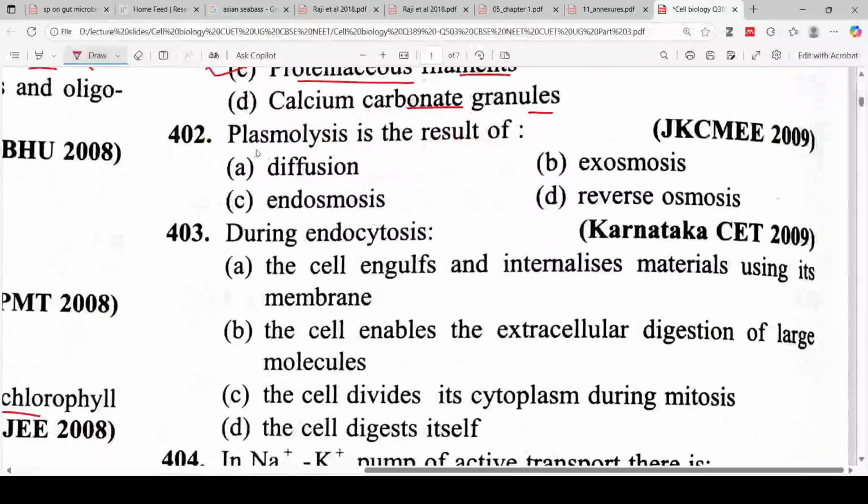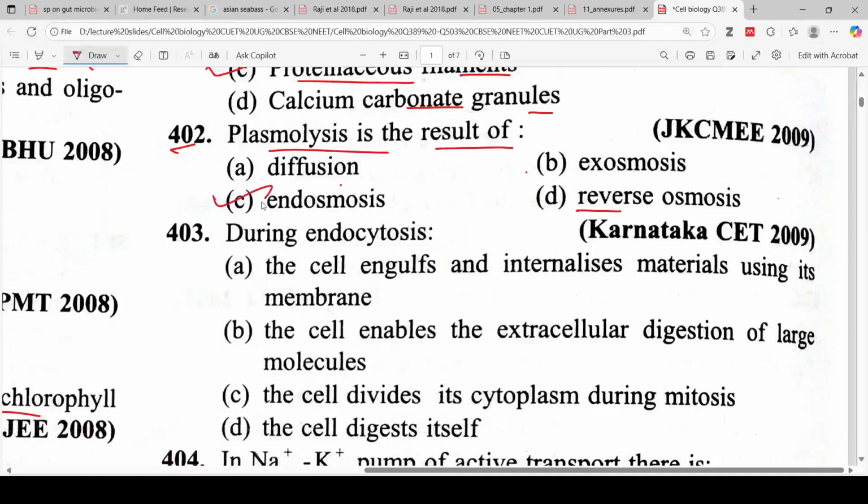Next question. Plasmolysis is the result of diffusion, endosmosis, option B, exosmosis, option D, reverse osmosis.